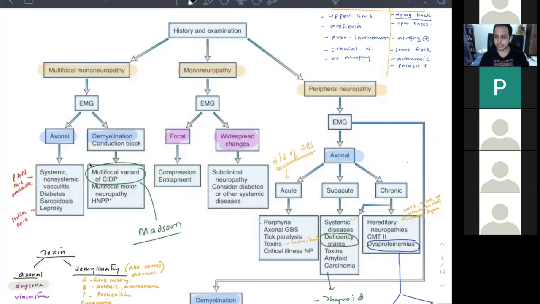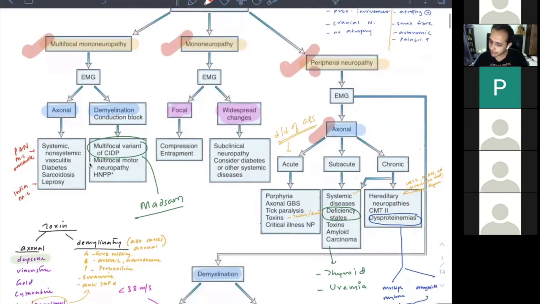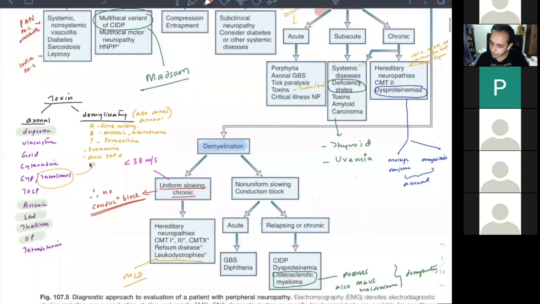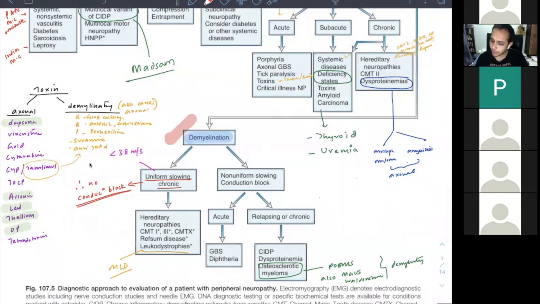Okay, so this is the rough picture of if it is a mononeuropathy, and whether it is a multifocal neuropathy or a peripheral neuropathy. Now, if it's a peripheral neuropathy and if it is axonal versus, sorry, the demyelinating part is over here. So peripheral neuropathy, polyneuropathy, and if it is demyelinating, then what can be the causes?